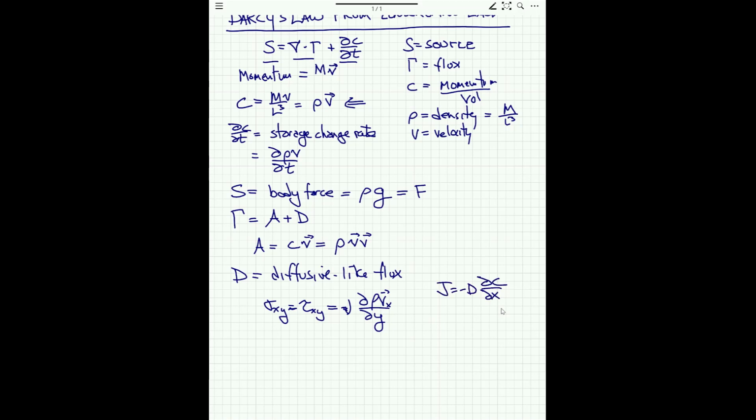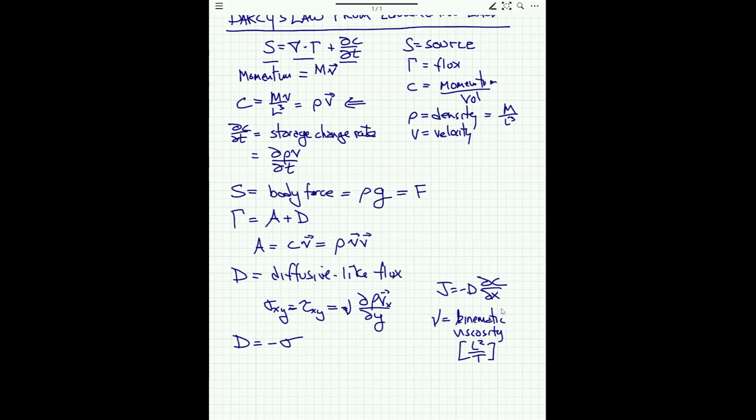We don't have the minus sign in this case, but we still have a gradient, and so the diffusive flux we'll say is equal to minus the stress in the fluid. This is the kinematic viscosity. That has units of length squared per time, so it has the same units as diffusivity. So it's like a momentum diffusivity.